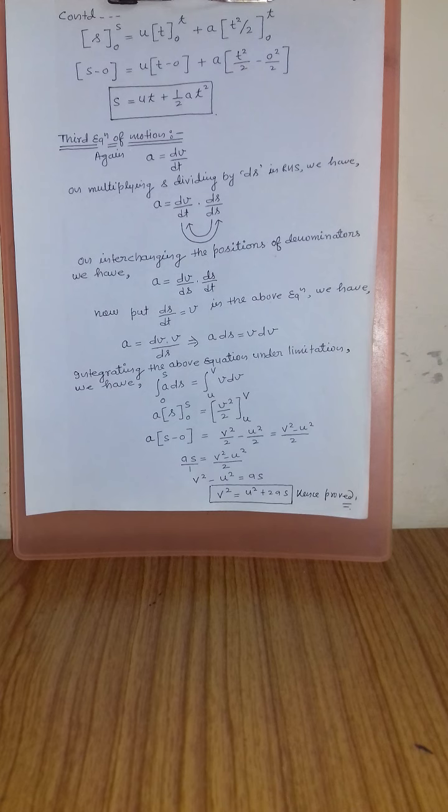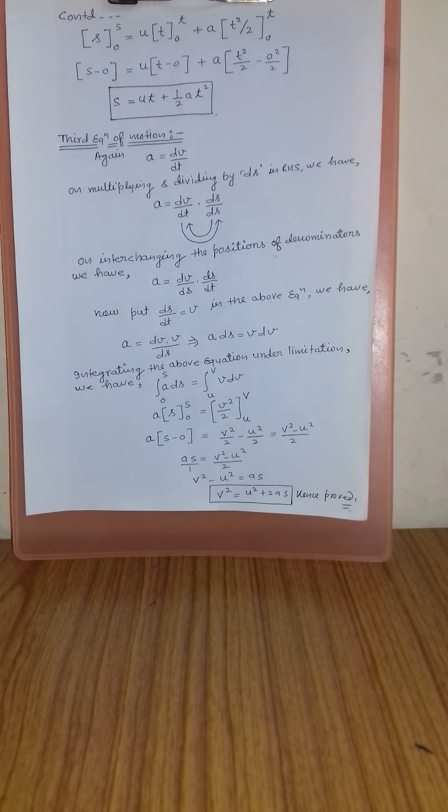Similarly you do the same, which gives you t square upon 2 minus 0 square upon 2. 0 square upon 2 gives you 0. Okay, so you will have s is equal to ut plus half a t square, which is your second equation of motion.